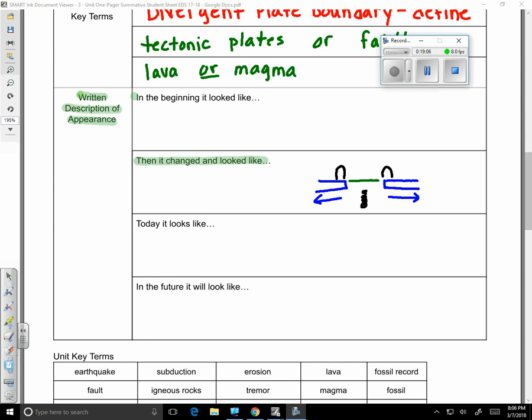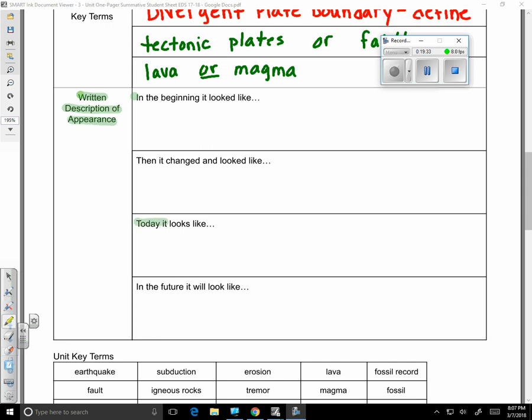So here's your rift valley. I want you to describe that in words, that drawing. Please pause the recording if you need more time.